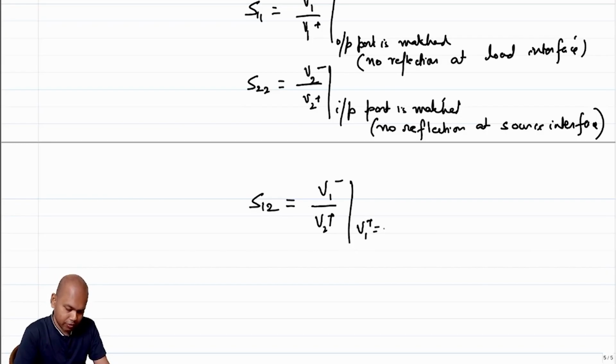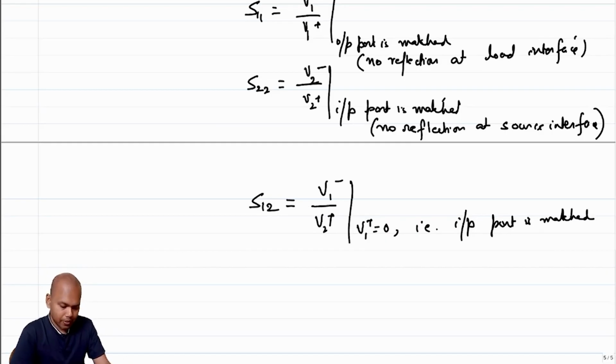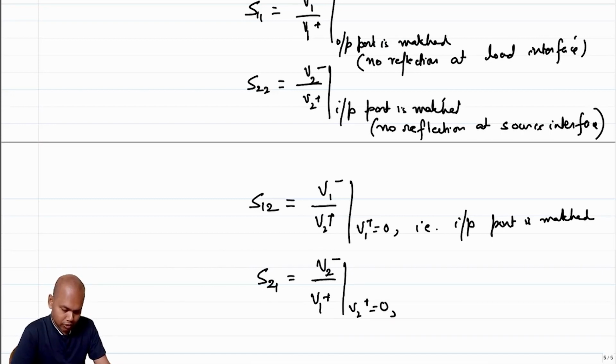So V1 plus equal to 0, i.e. input port is matched. Okay, and similarly S21 is V2 minus by V1 plus when V2 plus equal to 0, i.e. output port is matched.